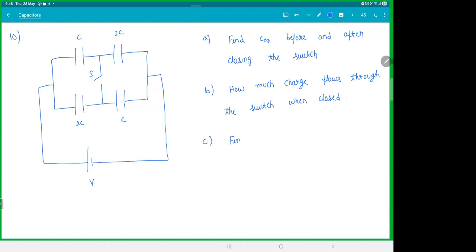Find the heat produced when the switch is closed. Let's get the first one.